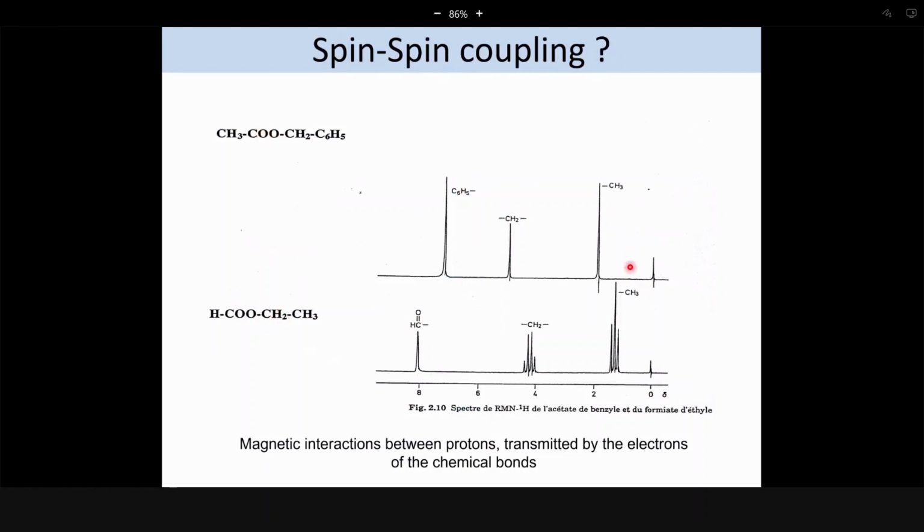This is the first spectrum we work with. We know now how to interpret the value of the chemical shift. We know how, using the surface under the peak, to know that we have 3 protons here, 1 proton here, 2.5 protons here.